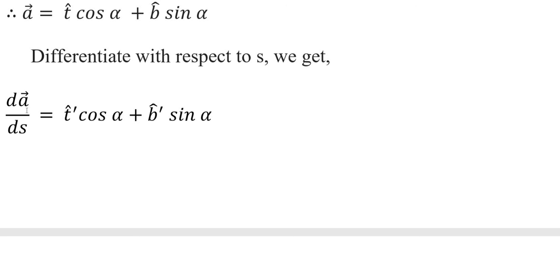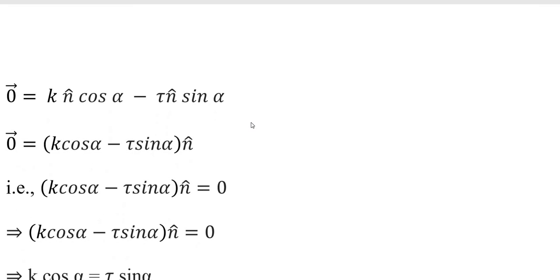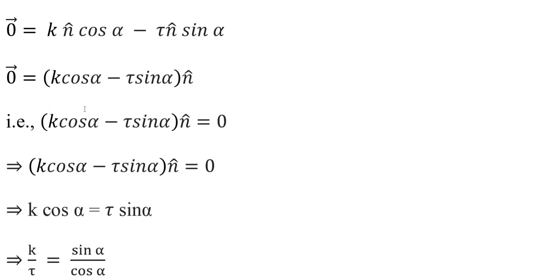We get dA vector by ds equal to T dash cos alpha plus 0 plus B dash sin alpha plus 0. So the zero vector equals T dash, by the Serret-Frenet formula kappa n cos alpha, plus B dash, which is minus tau n sin alpha. Taking n outside, kappa cos alpha minus tau sin alpha into n cap equals 0.